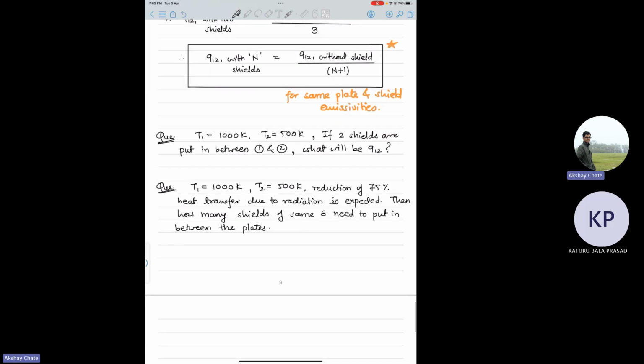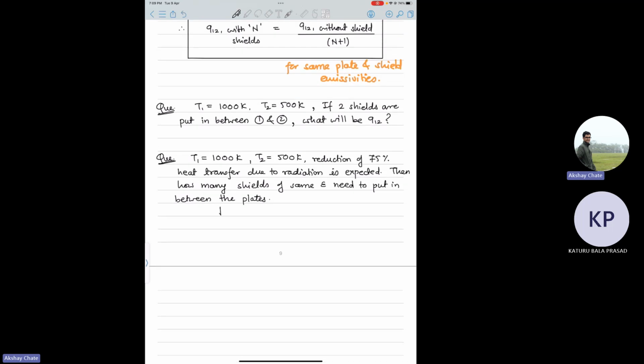Okay, so here you don't even need the temperatures, because what is given is Q12 with N shields compared to heat transfer without any shield is nothing but equal to, 75% reduction is expected, right? So the actual heat transfer will be only 25% of what it used to be. So it will be 25 by 100, or it will be 0.25.